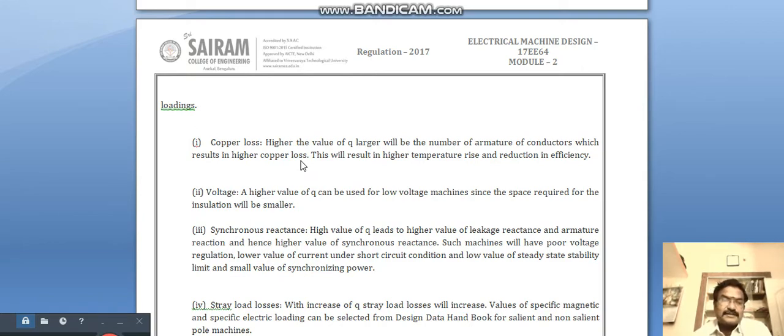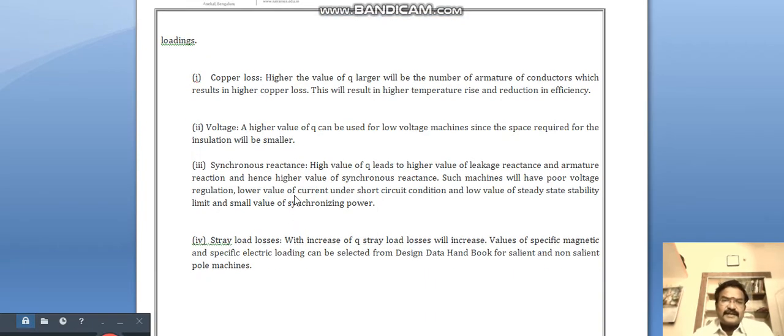Voltage: a higher value of Q can be used for lower voltage machines, since the space required for insulation will be smaller. So there we can go for a higher value of Q.